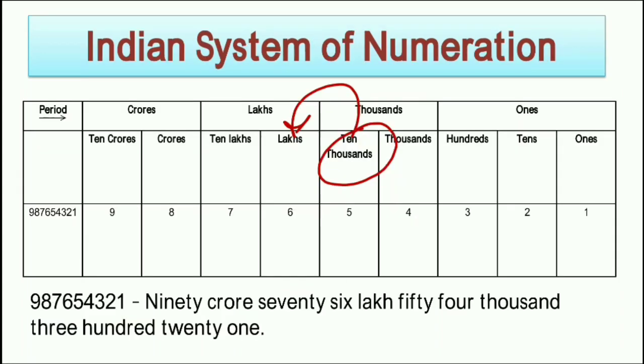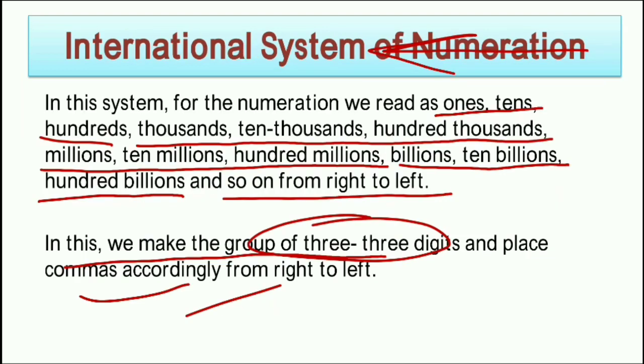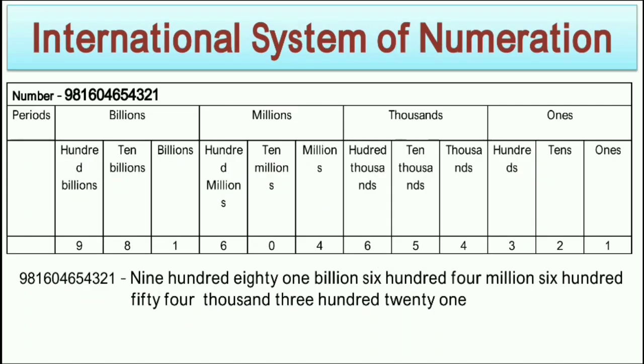In the Indian system at first 3 and then 2 digits were there, but in the international system we make groups of 3, which means in each period there are 3 digits. So here also the digits are divided into groups, into periods. Groups means periods.